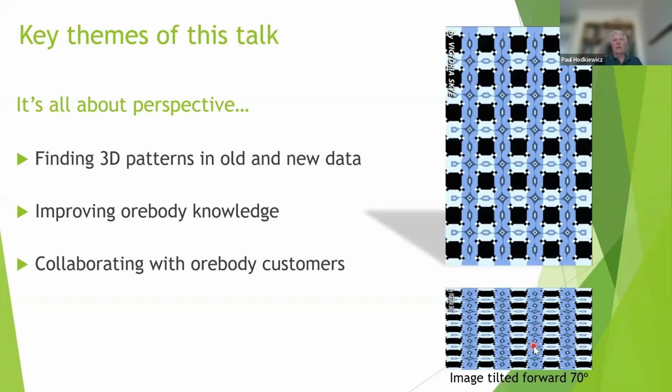Now, again, this is one of these simplified optical illusion tricks, but I thought it's a good example of how sometimes you just need to change your view and use a different perspective to find out what's really going on, or to find out how your eyes are tricking you.